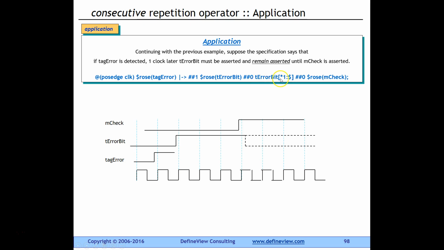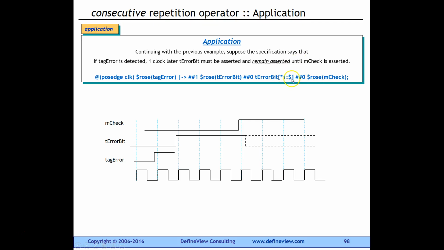And T error bit should remain asserted forever until mcheck is detected. So the consecutive repetition range operator is one of the most powerful operators you will use, and it makes it very easy to wait for a certain signal, high or low, until something else occurs.